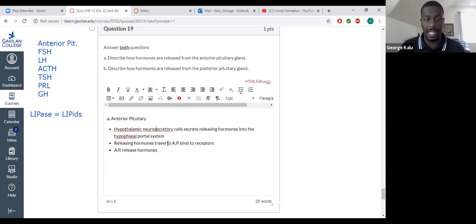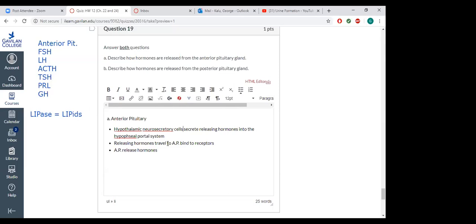One thing I forgot to mention earlier here at the top is, in order for these neurosecretory cells to release their releasing hormones, what needs to happen inside those cells? What do we need in order to start exocytosis of these hormones? The vesicle comes, right?